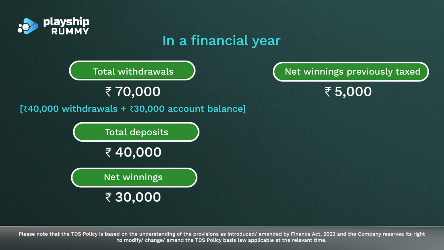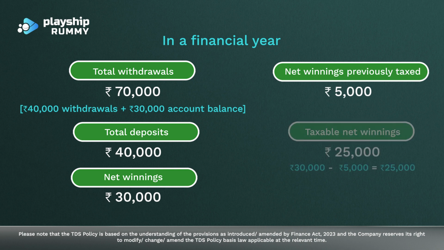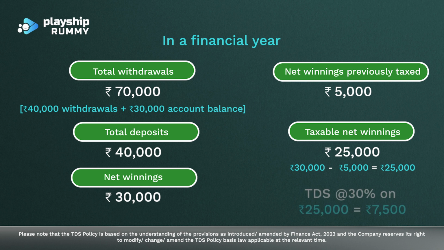Winnings previously taxed is equal to rupees 5,000. Taxable net winnings, that is rupees 30,000 minus rupees 5,000, is equal to rupees 25,000. TDS at the rate 30% on rupees 25,000 is equal to rupees 7,500.